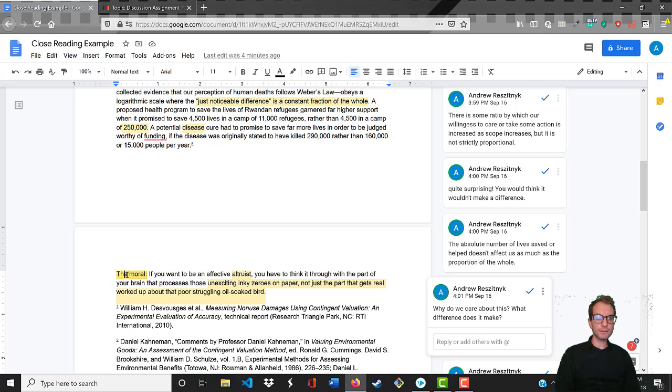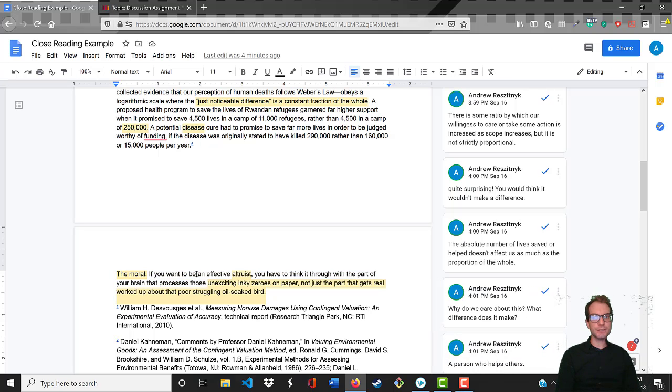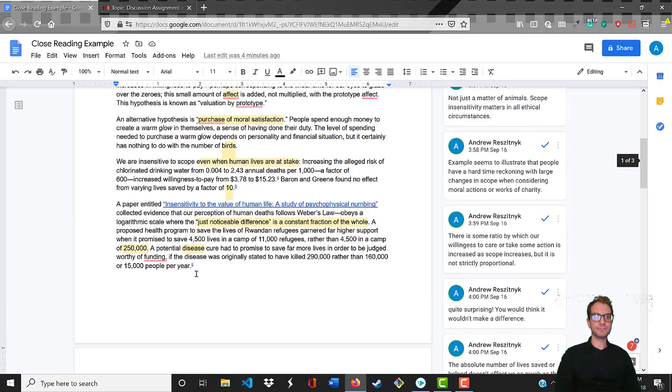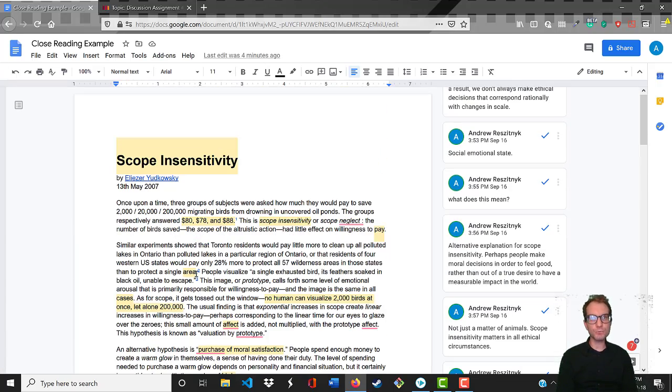But here, because it's so short, you can trust that the reader's going to hang on up until this point. It actually has probably a greater impact to have the moral of the text right at the end than to have the takeaway message at the beginning in something of this length. So those are some things about the way that the information is organized that we can learn for ourselves.